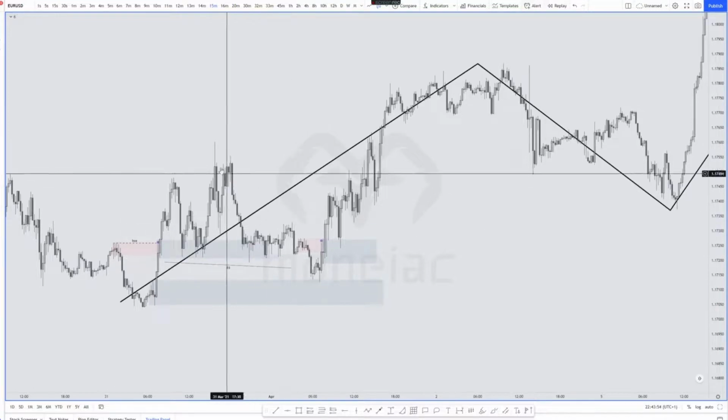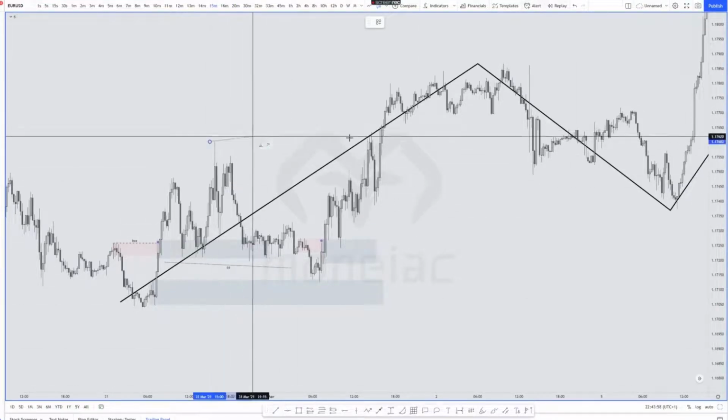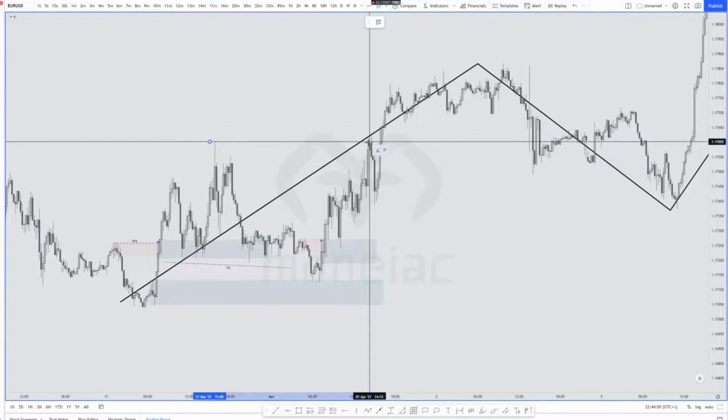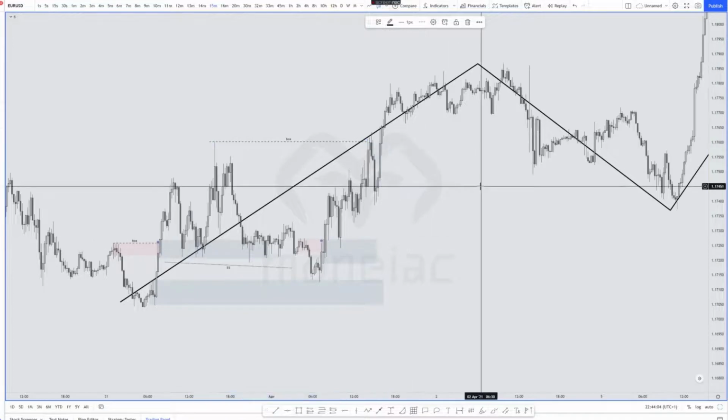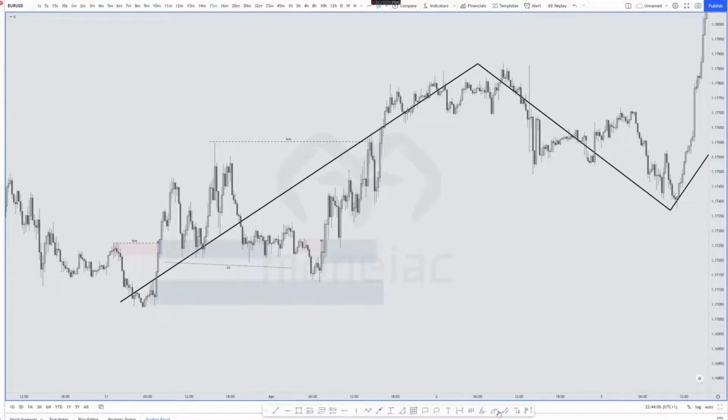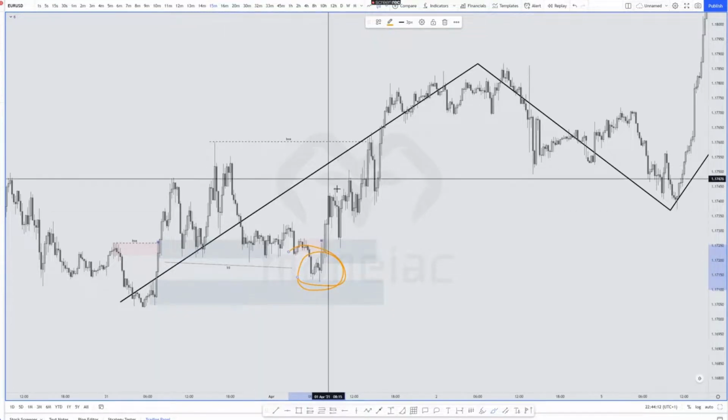So my expectation is, as this high is taken, we are going to continue on up. And at the same time, my expectation is this low will not get taken if this trend is to continue.